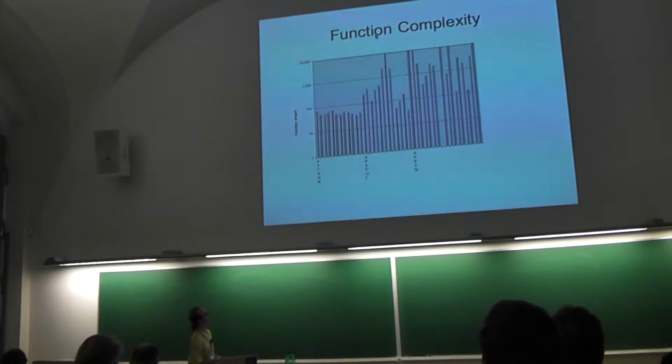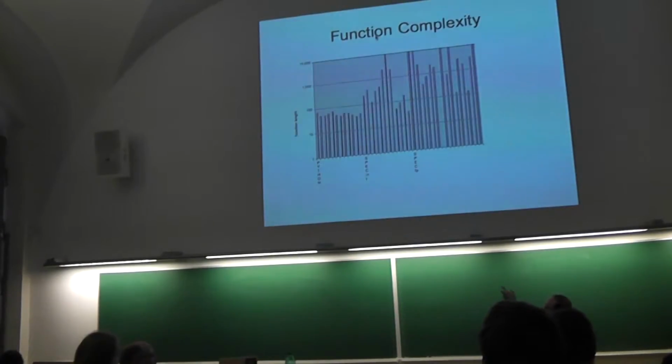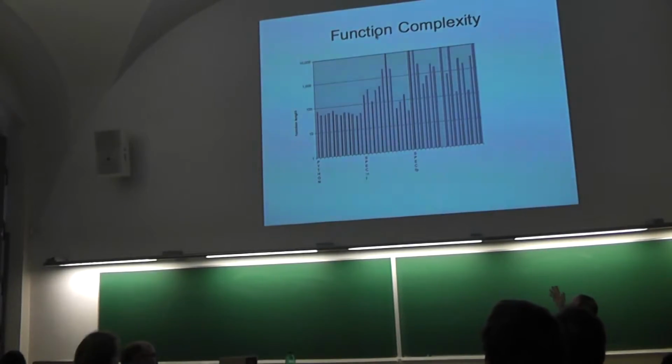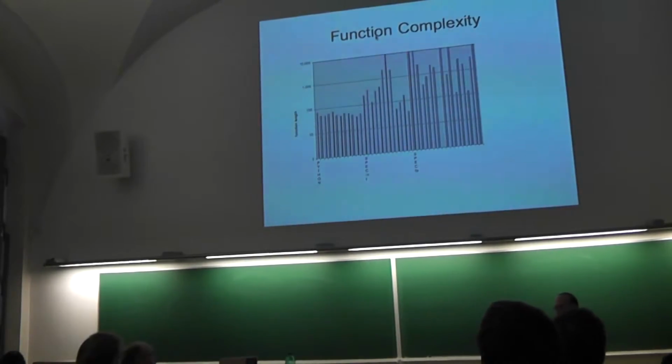This is a comparison of SPEC INT on the left, SPEC FP in the middle, and Python on the right. One of the big differences in these languages, especially CPython and applications running in CPython, that's what Python means there, is that the functions are much smaller. You have a larger number of functions compared to SPEC, which is where many companies and many compilers have focused in the past.